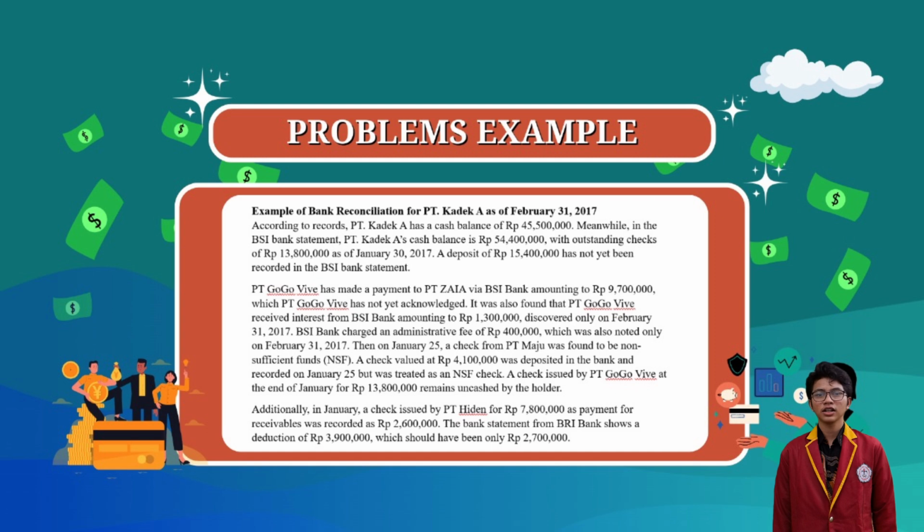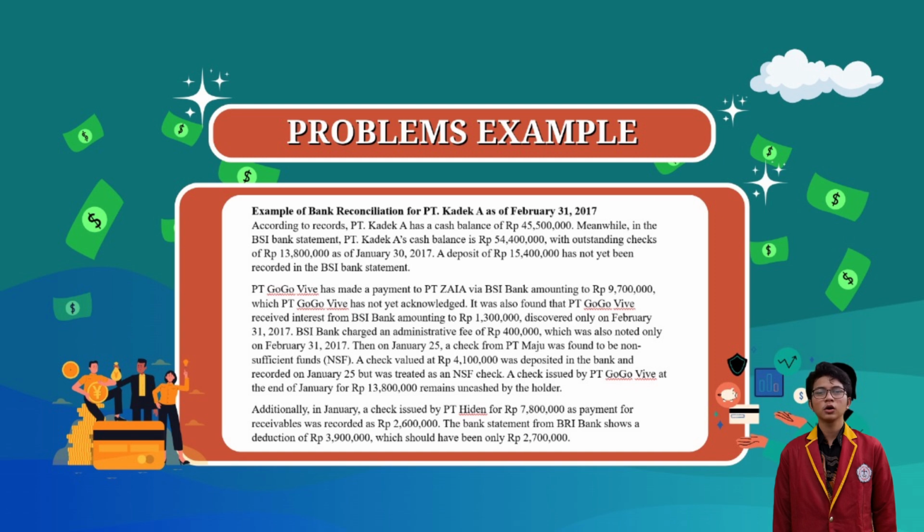A check issued by PT Gogo Vive at the end of January for 13,800,000 Indonesian rupiah remains uncashed by the holder. Additionally, in January, a check issued by PT Haydn for 7,800,000 Indonesian rupiah as payment for receivables was recorded as 2,600,000 Indonesian rupiah. The bank statement from BRI Bank shows a deduction of 3,900,000 Indonesian rupiah, which should have been only 2,700,000 Indonesian rupiah.